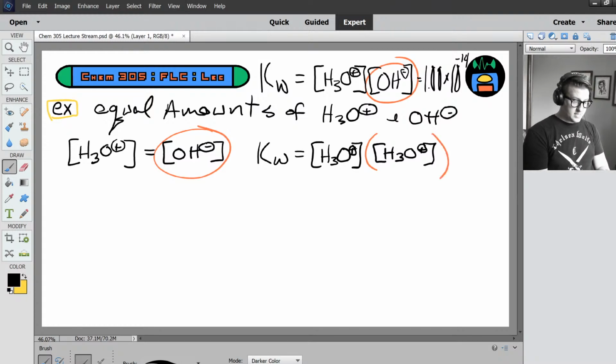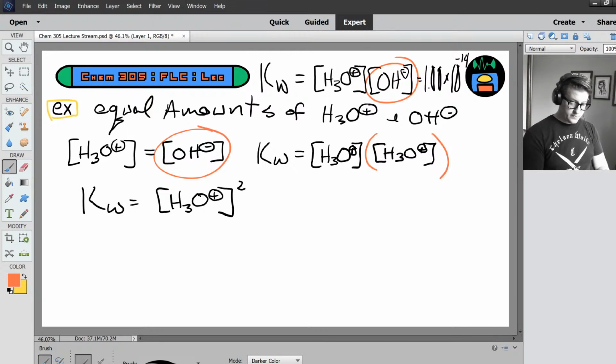So that means that the constant, Kw, is equal to the molarity of hydronium squared, raised to the power of 2. To solve for the molarity of hydronium, then we have to take the square root of Kw.